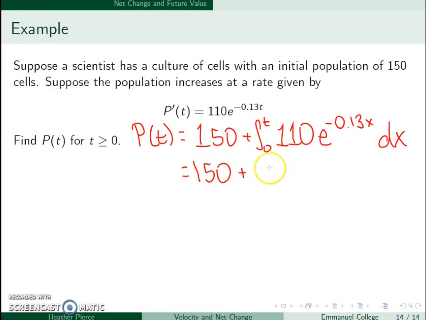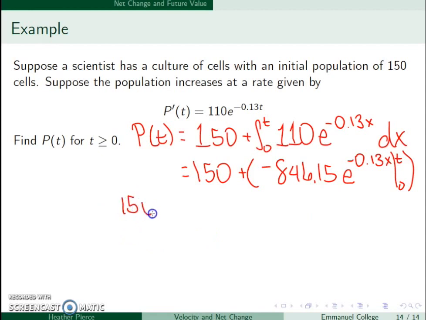This then gives 150 plus, if you calculate the integral of this, you get negative 846.15 e to the minus 0.13x, going between 0 and t.